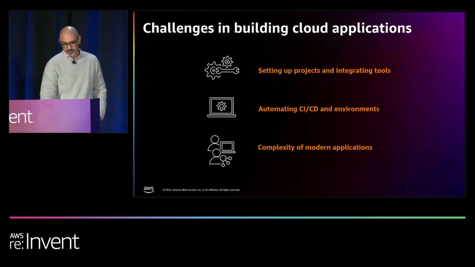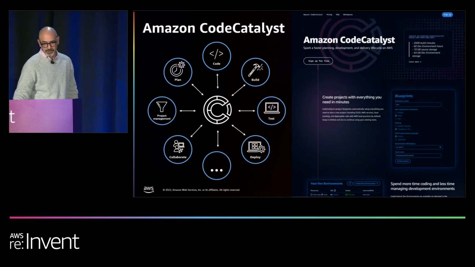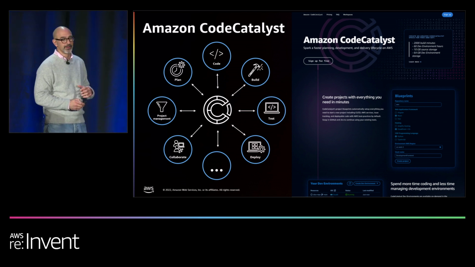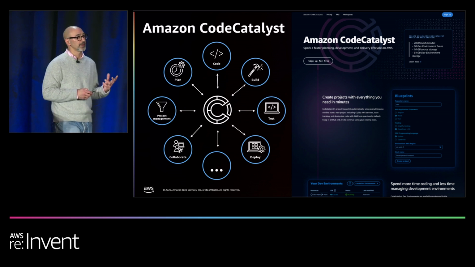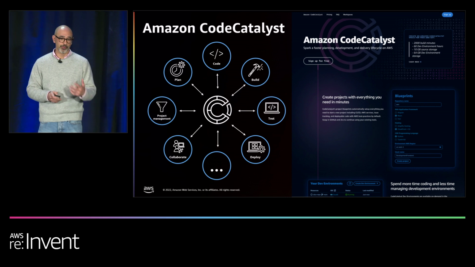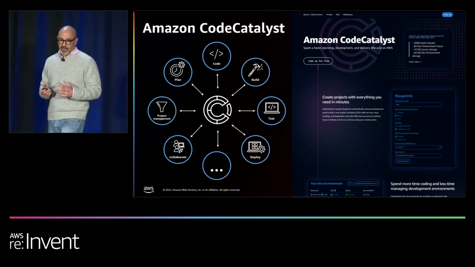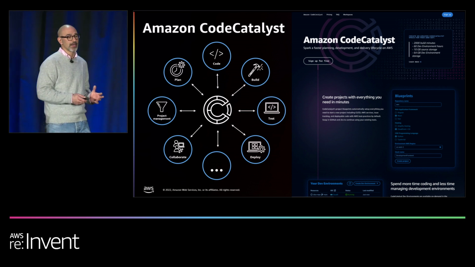So what is CodeCatalyst? CodeCatalyst is a package of all the tools that you need to build and deploy software so you can move quickly from an idea to an experiment to production. So we put all these tools to plan, author, build, test, deploy applications in one box.